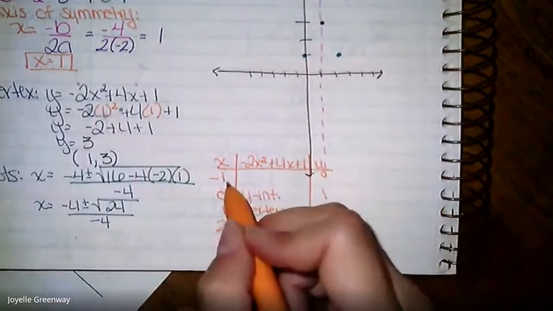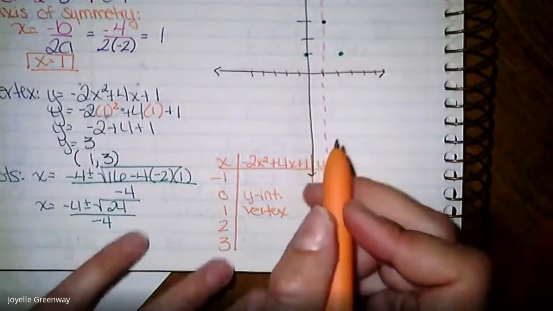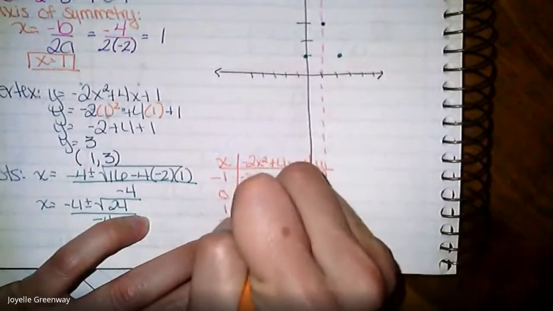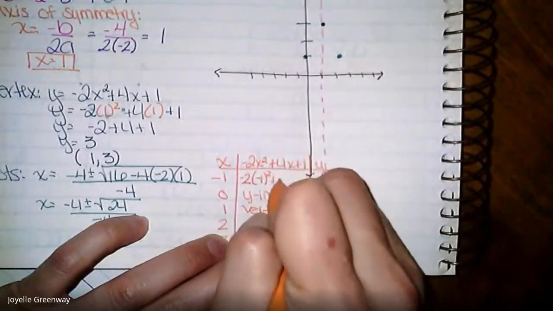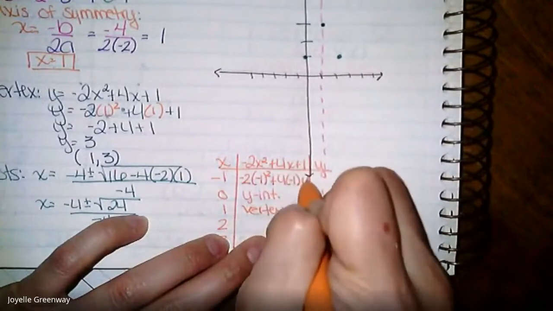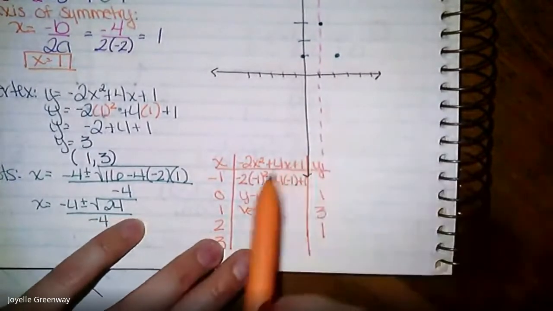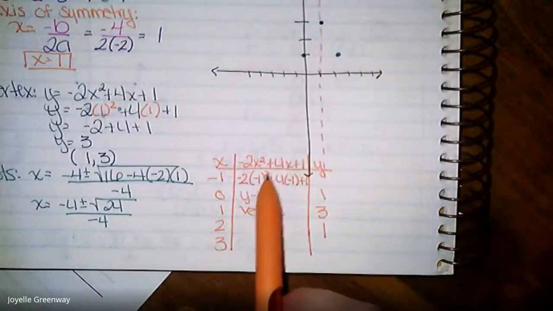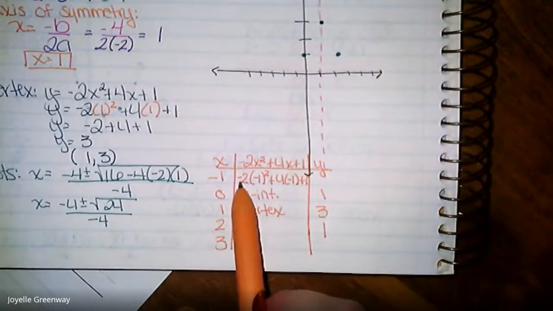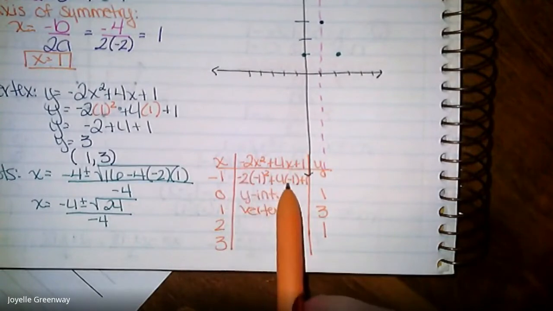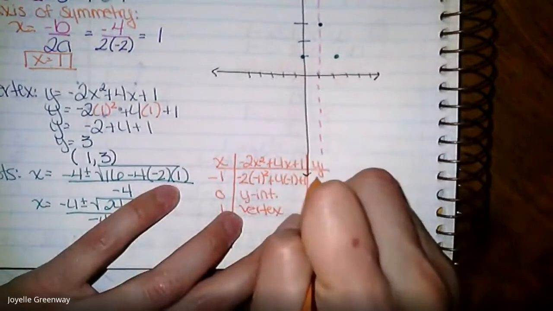So now all I have to do is find my value when x is -1. So -2 times -1 squared plus 4 times -1 plus 1. So -1 squared is 1. 1 times -2 is -2. So I have -2 minus 4, so I have -6 plus 1 is 5.